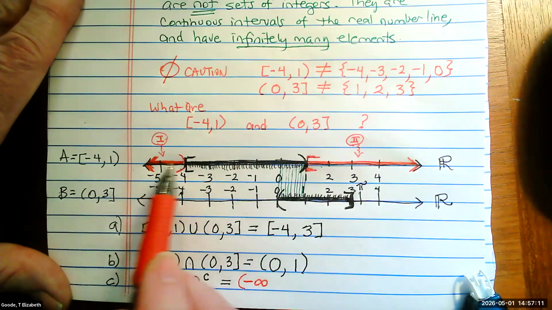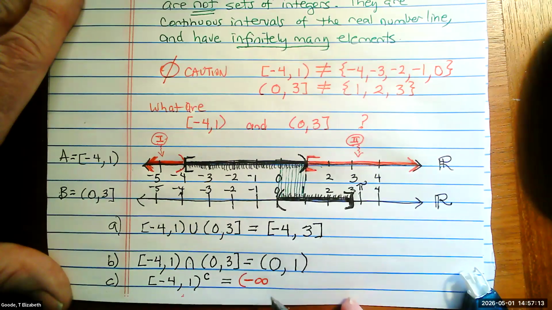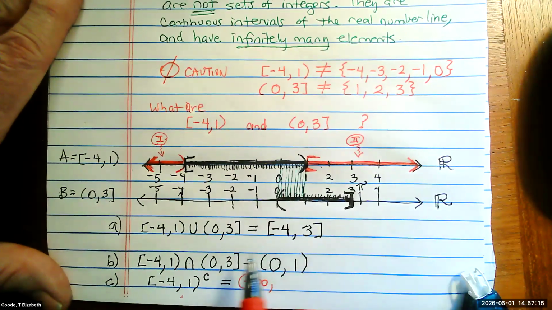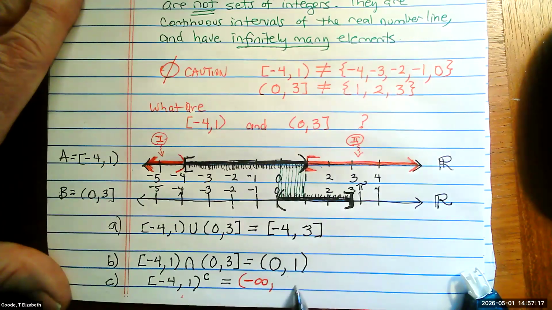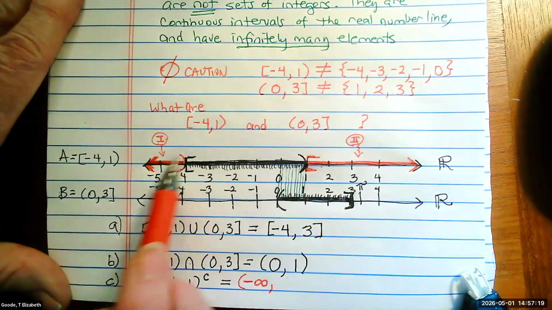It's just a concept of keep on going to the left forever. And then comma, and what'll be the number we put here to finish off this part of the complement of A? The number that we're going to put there is going to be -4.